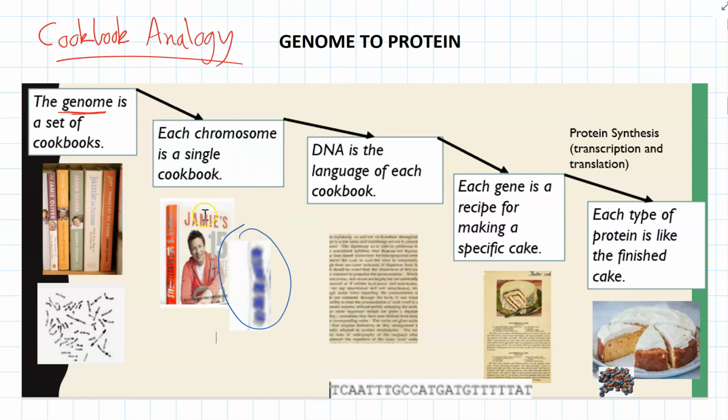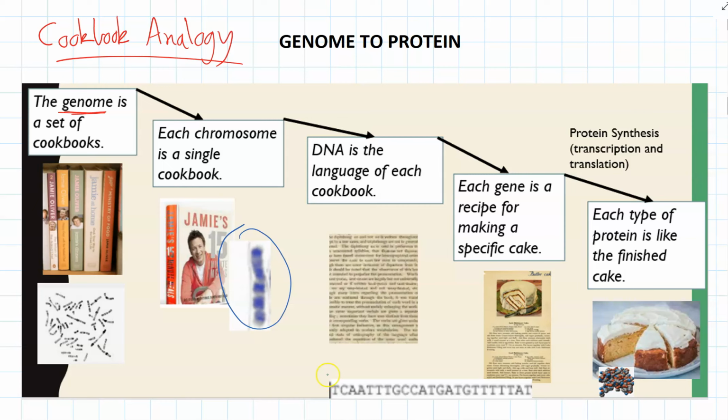And then if you look inside that book, you've got a whole lot of words and recipes because it's a cookbook. And that's the DNA molecule itself. And then if you look at a particular section of the book, you'll find a recipe. And that's the instructions for making a cake. And in the chromosome, what you're looking at is a section of DNA, like you can see down here.